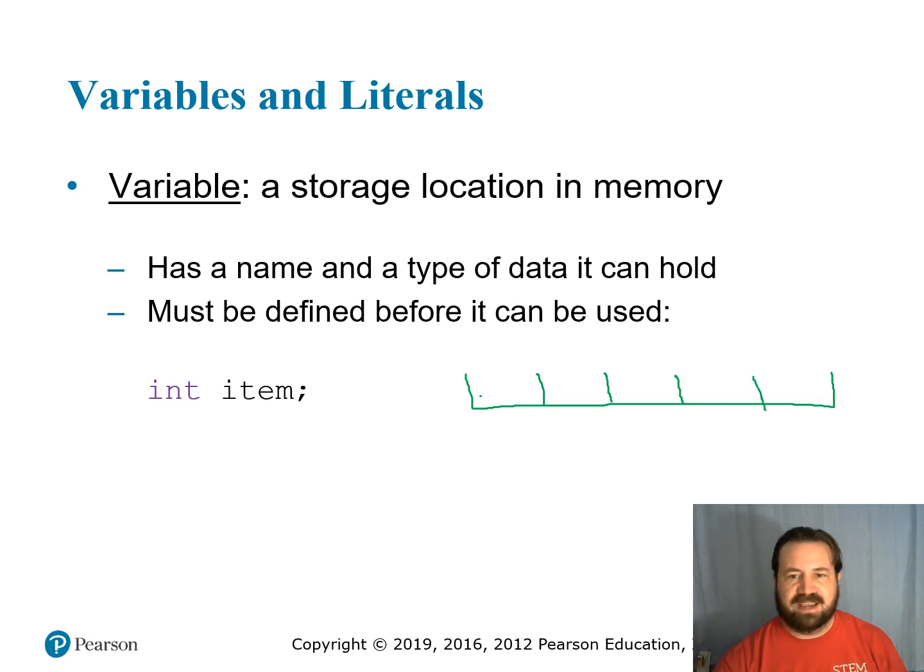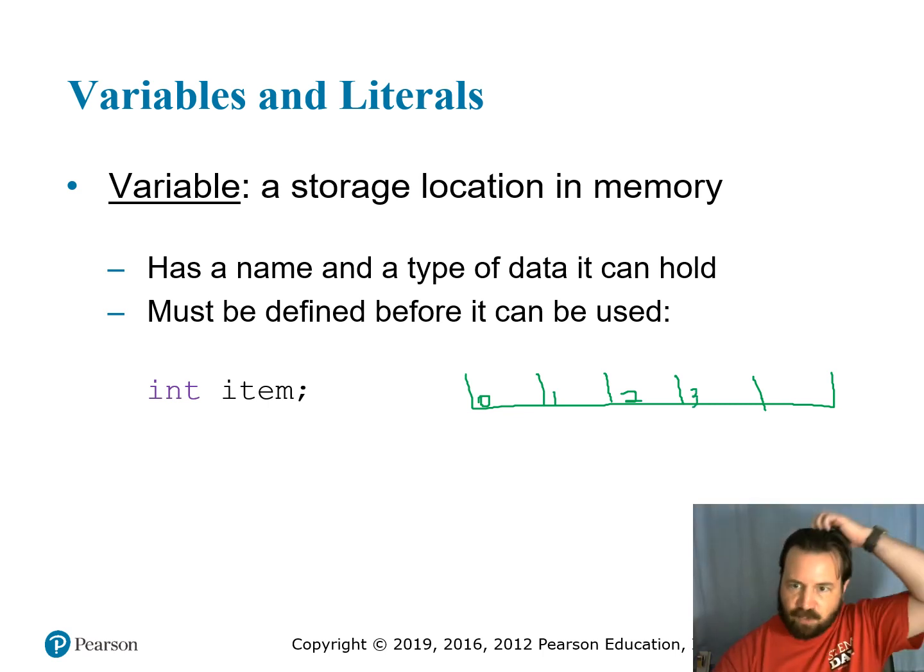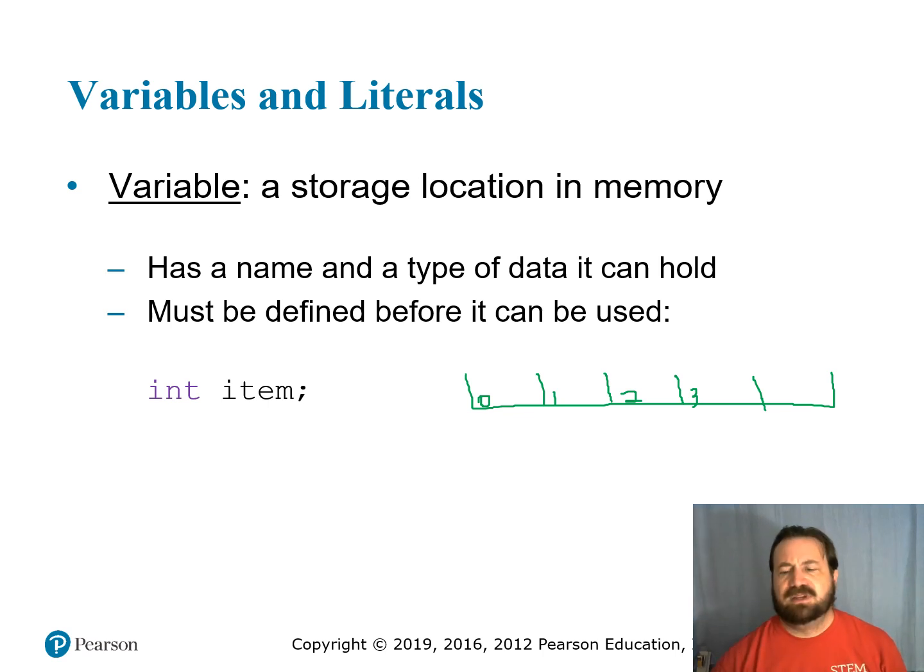And normally they have numbers like 0, 1, 2, 3, and so on. But if we want to refer to one of them in our program, always going back to memory location 2 is a little bit difficult, and it's inflexible as well.